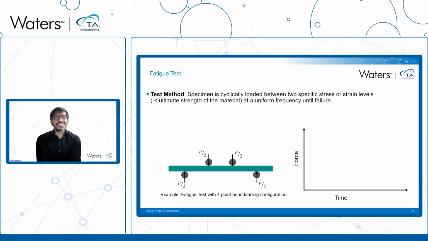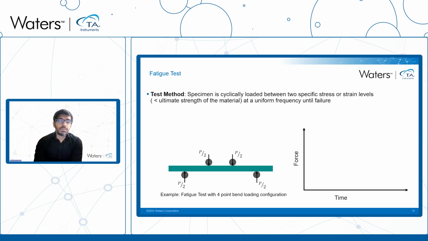Fatigue test is a characterization method where the specimen is cyclically loaded between two stress or strain levels, usually at a stress level which is below the ultimate strength of the material, at a constant frequency. Here you are looking at an example of a material loaded under a 4-point bending loading condition.